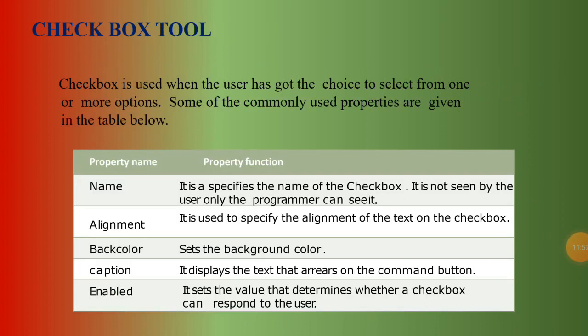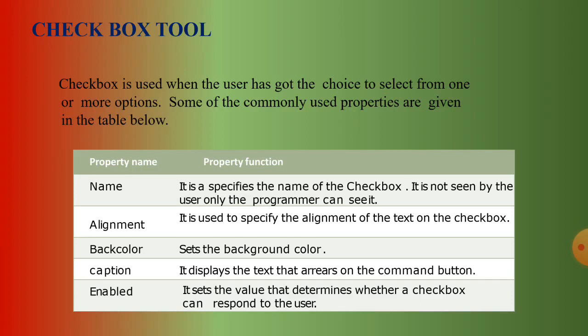Next is the checkbox control. A checkbox is used when the user has the choice to select one or more options. If you have more choices, then we will use the checkbox control. Some of the properties for this checkbox control are name, alignment, back color, caption, enabled.